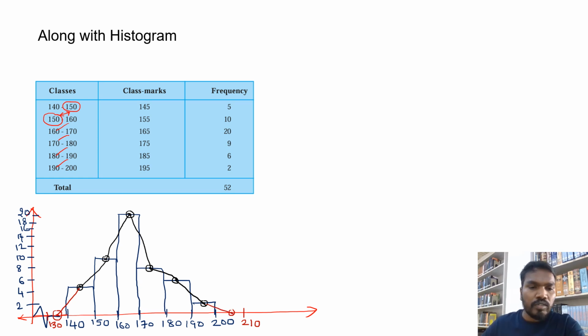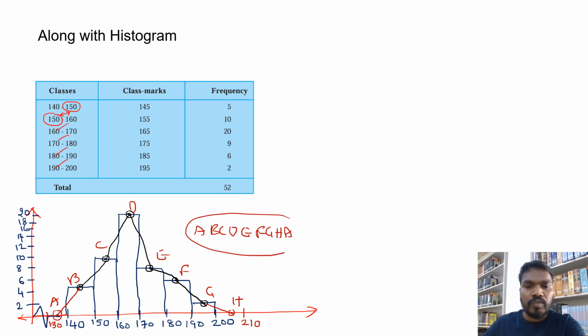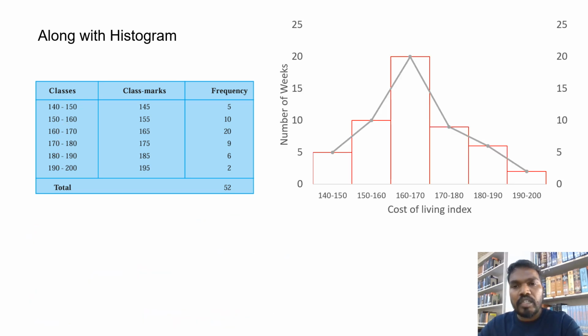So this is A, B, C, D, E, F, G, H. So the figure A, B, C, D, E, F, G, H, A, this closed figure, is nothing but a frequency polygon. If you construct this on graph paper properly, then it looks like this. So this is the way we can construct frequency polygons.